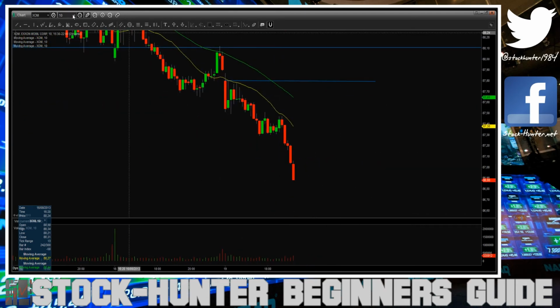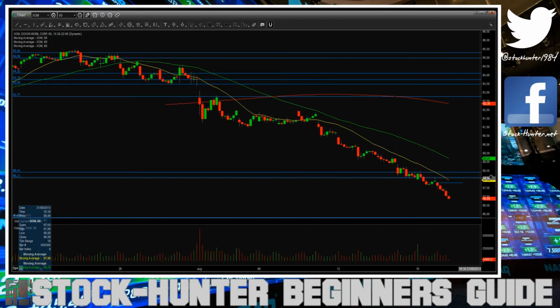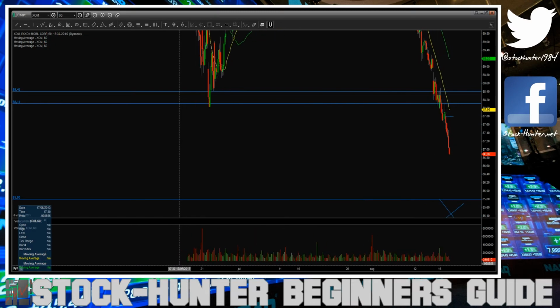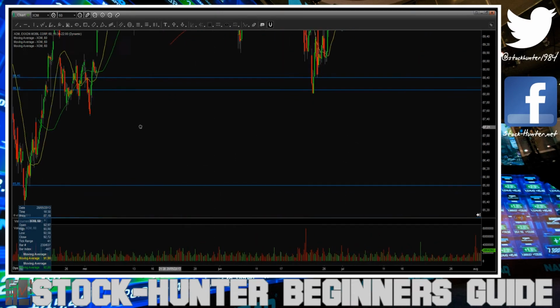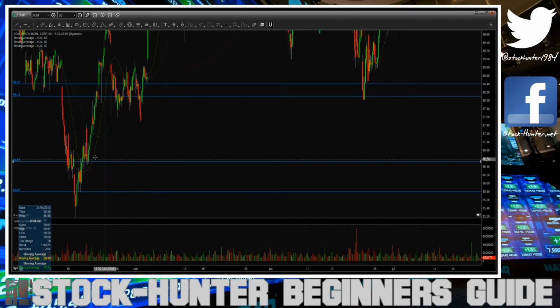Now let's find some support. The first level of support that I see will be around 86.53. This prior consolidation before this up move.